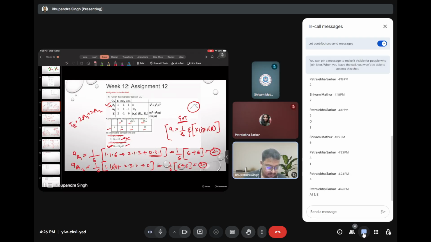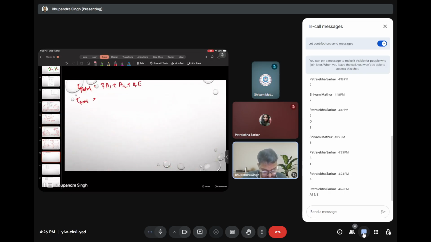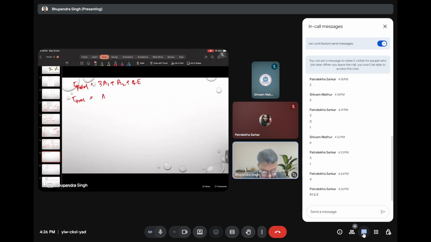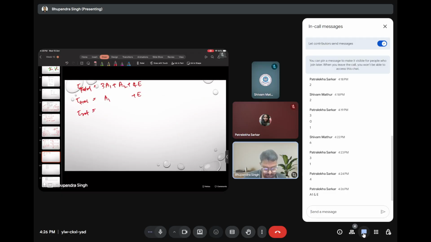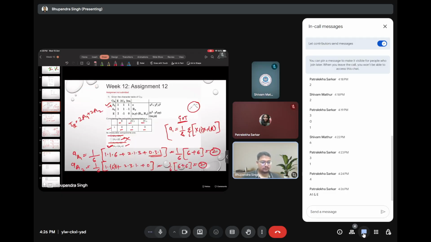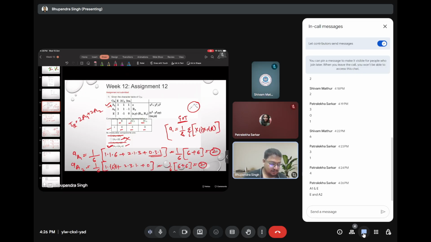A1 plus E. Now tau rotational: E and A2.